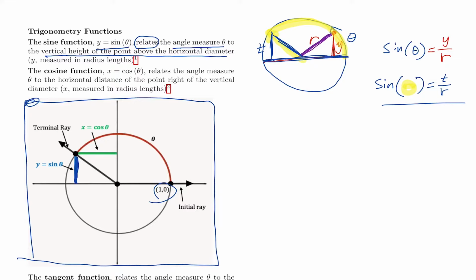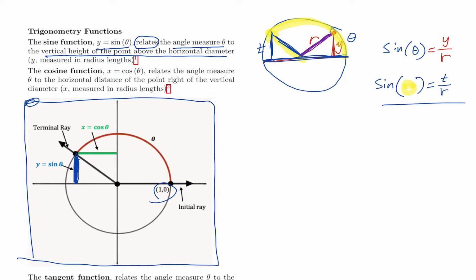So that's the definition of sine function. It is very important for us to understand sine as the vertical distance from horizontal diameter to the terminal ray of the angle, measured in radius length. But when we're talking about unit circle, radius is 1, so we just divide by 1. So it is just the vertical height on a unit circle.